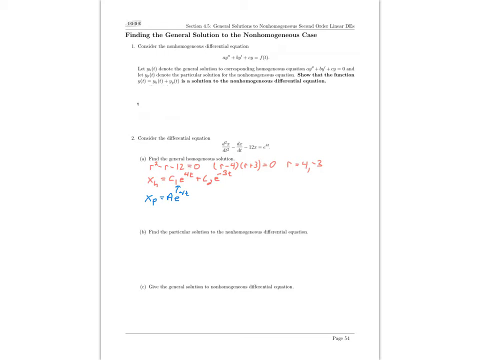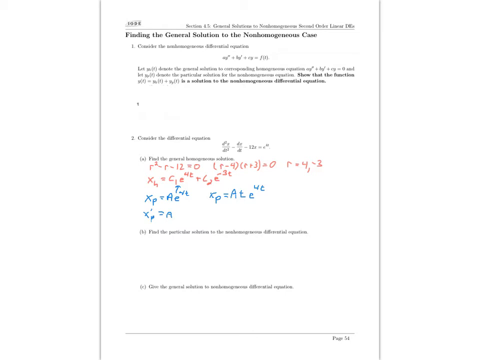So the way that we fix the situation with resonance is we introduce an extra multiple of t in here. So my guess is going to be a t e to the 4t. So I've got that extra t in there. And now if I want to plug this into the differential equation, first I would find the derivative, and to do so I would use the product rule.